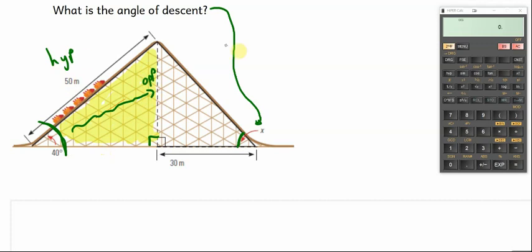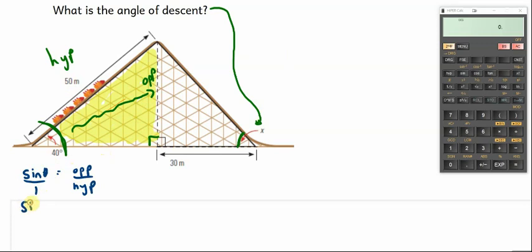I'll switch back to my blue. The relationship between the opposite and hypotenuse is the sine. So sine of an angle, and I'll put over 1 because we're looking for side length, is opposite over hypotenuse.